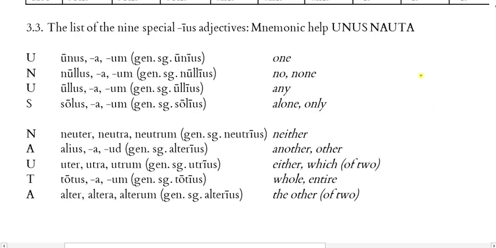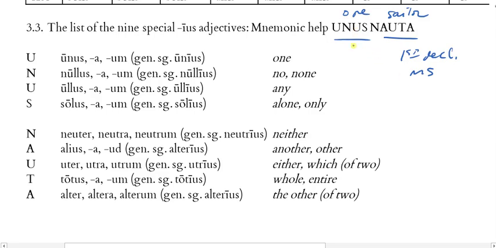And this is a really wonderful mnemonic device here. The expression unus nauta, which means one sailor. And recall that nauta is first declension, but it is a masculine first declension. Most of my first declension nouns are feminine.